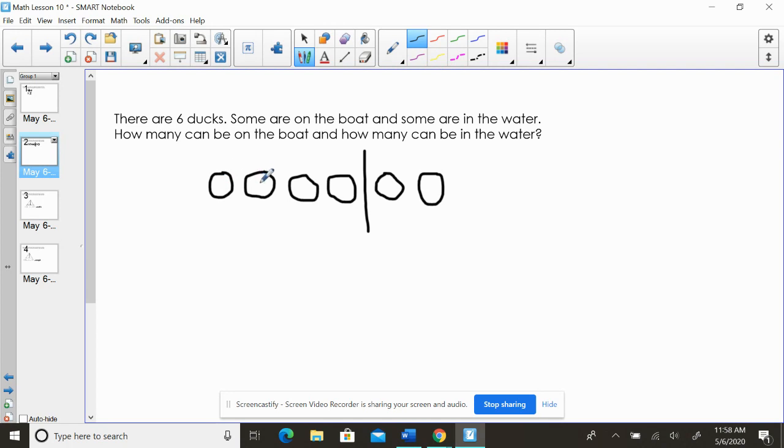1, 2, 3, 4. One, 2. And we know that there are 6 ducks total, so that means 4 ducks can be on the boat and 2 ducks can be in the water.